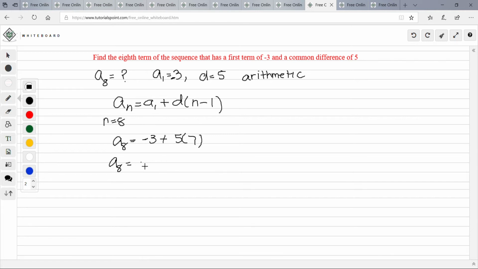So a8, the 8th term, is -3 plus 7 times 5, which is 35. a8 equals 35 minus 3, which is positive 32. So that's how you find the 8th term. You just use clues, use what you know, and then use the formulas that you know.